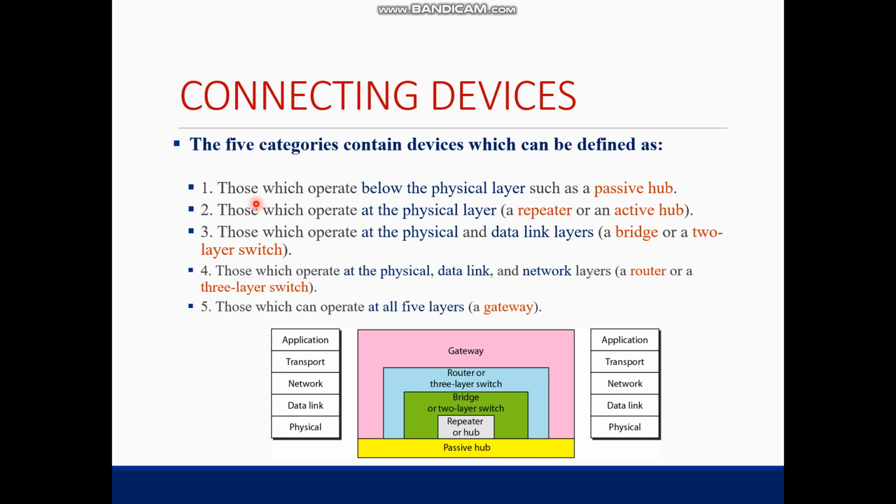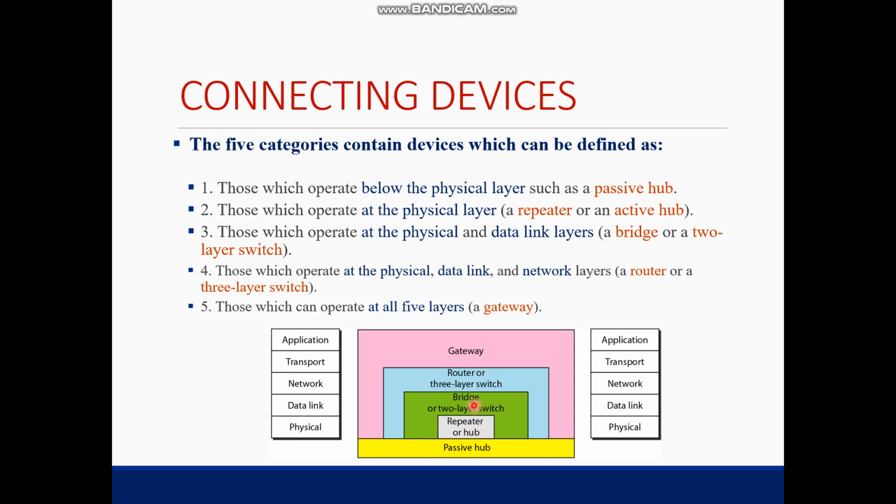The first one is those which operate below the physical layer. As you see, here we have the physical layer and we've got the passive hub, and this passive hub operates below the physical layer. And we have a repeater or active hub, and this active hub operates in the physical layer, as you can see here.